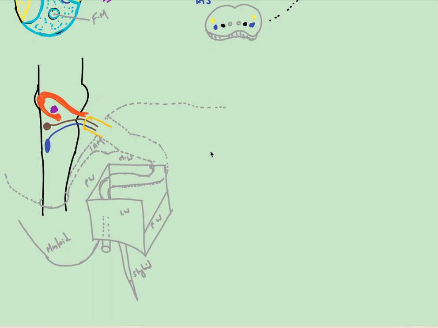Now if these structures are clear, let's see. We see that this branchiomotor nucleus enters over here and curves backward. Now this is the tricky part: this facial nerve is curving many times.